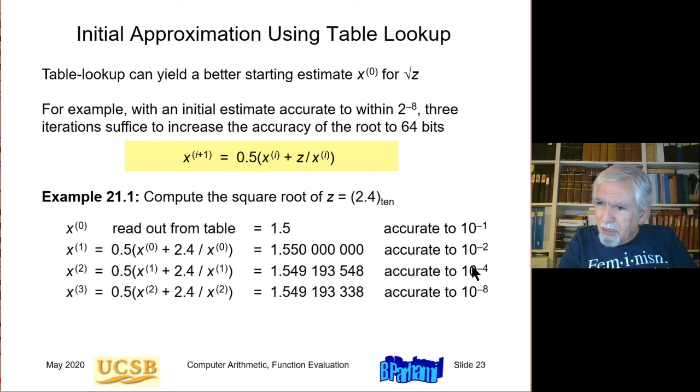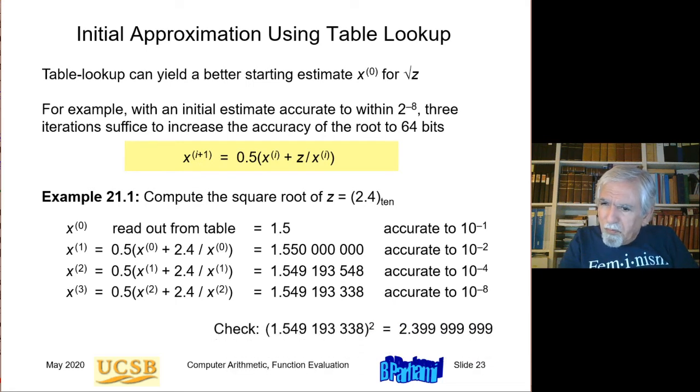Iterate the second time, 10 to the minus 4. Iterate the third time, 10 to the minus 8. So this square root value is accurate to 8 decimal digits up to here. And I can check, raise this value to the power 2, square that, and sure enough, you get something very close to what we started with.